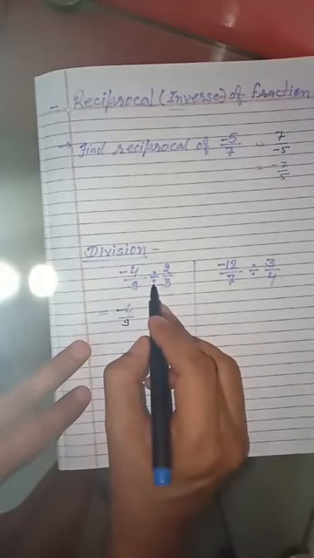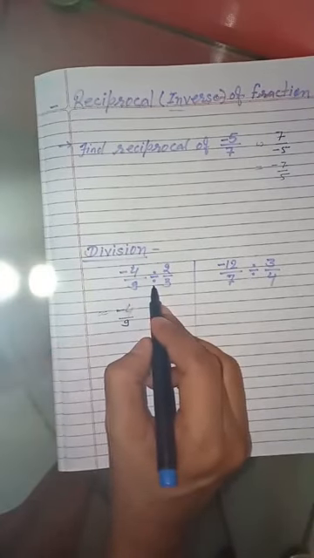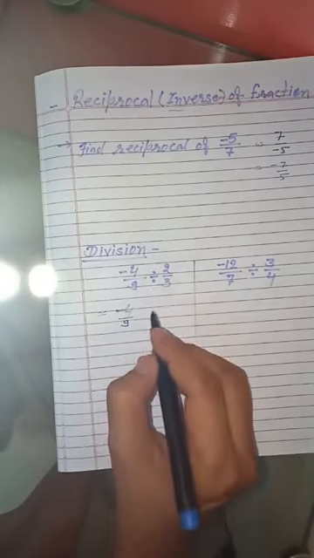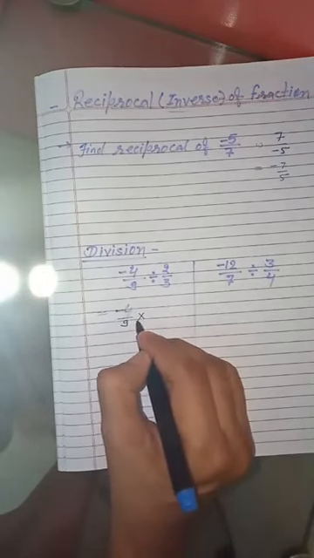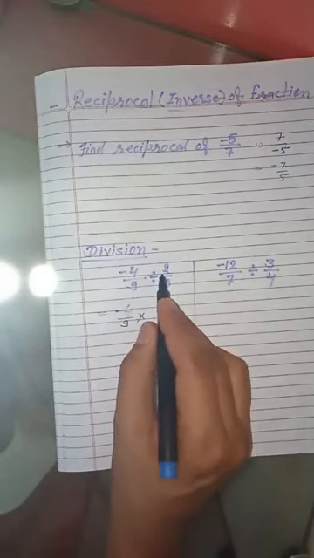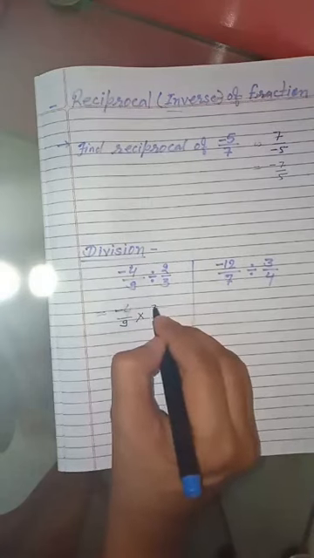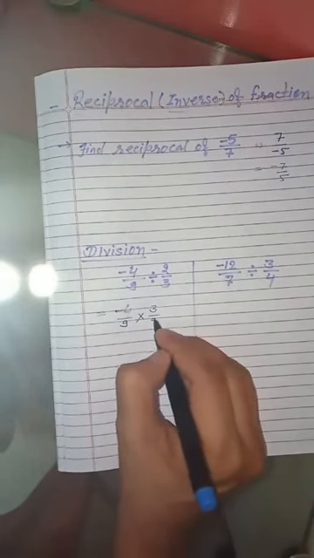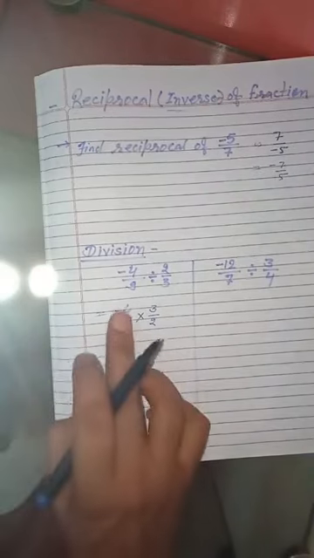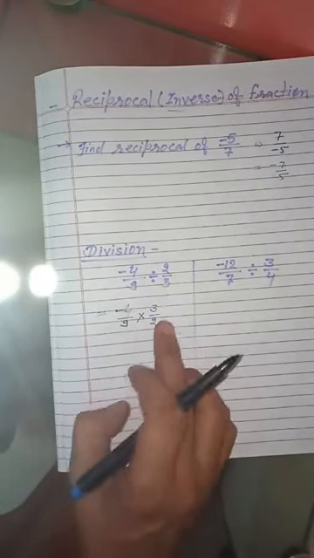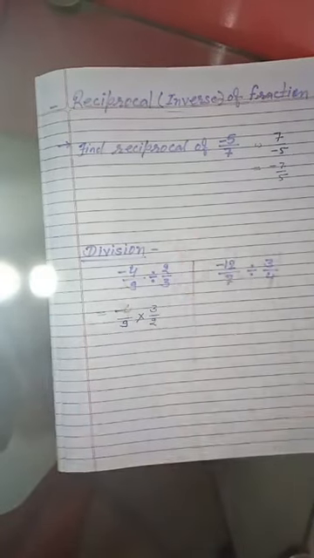We have to change this sign of divide. So we change this sign to multiply and take the reciprocal of this number. That means you convert this number to 3 by 2. See again, minus 4 upon 9 multiplied with, instead of 2 upon 3, we will put 3 upon 2.